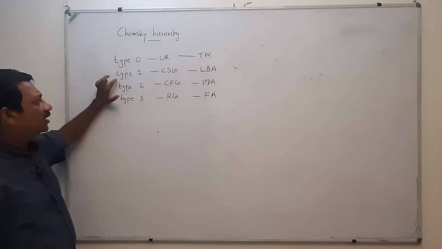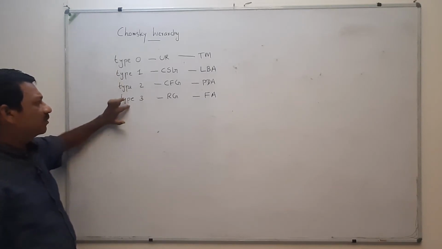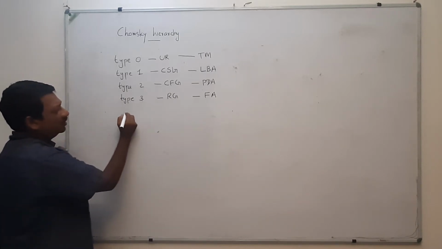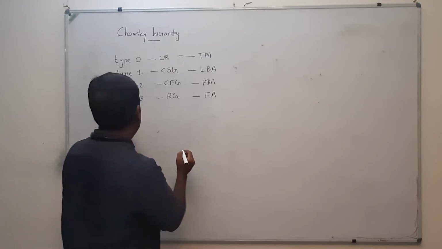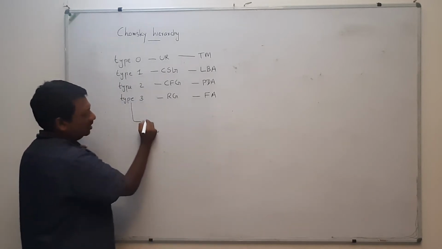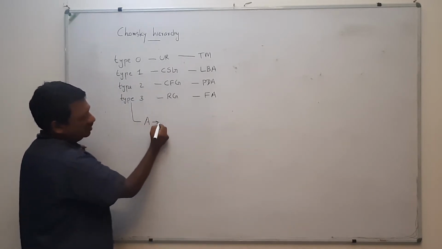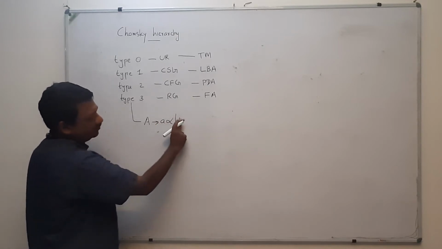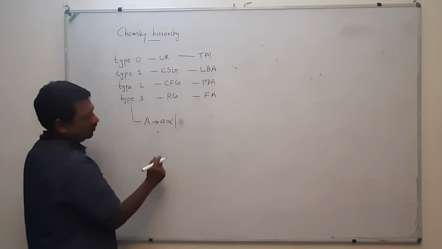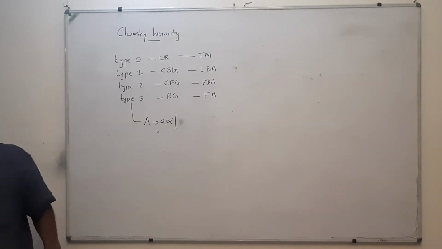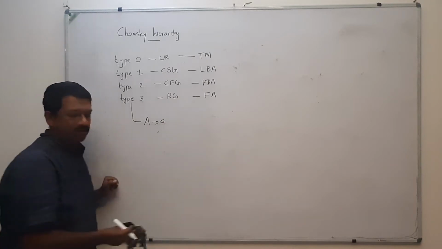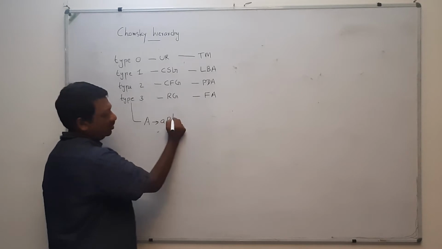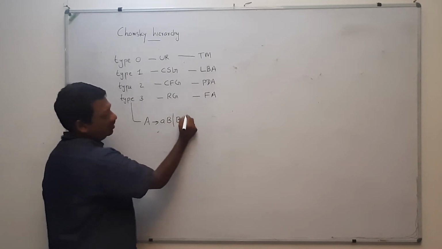Type 0 grammar, type 1 grammar, type 2 grammar, and type 3 grammar. Type 3 grammar has the general structure A derives aB or Ba or a.